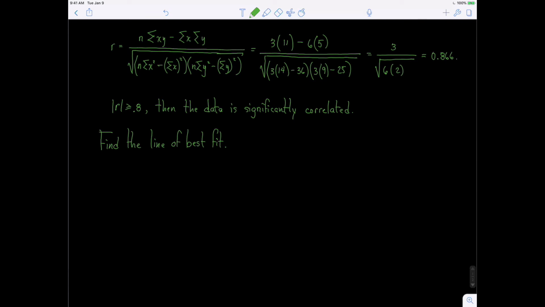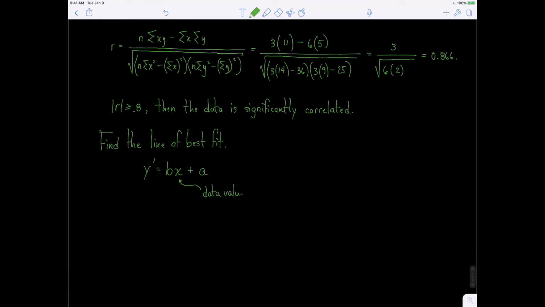Okay, now in order to do this, we need three more equations, and let me give these to you. So the actual equation of the line is y prime, and we'll talk about that, equals the letter b times x plus the letter a. Now, the x is actually the x value for a data value.